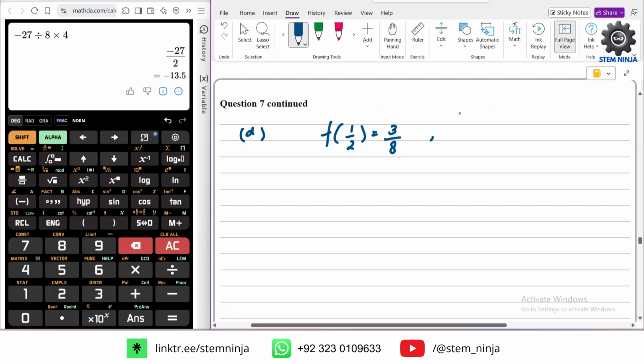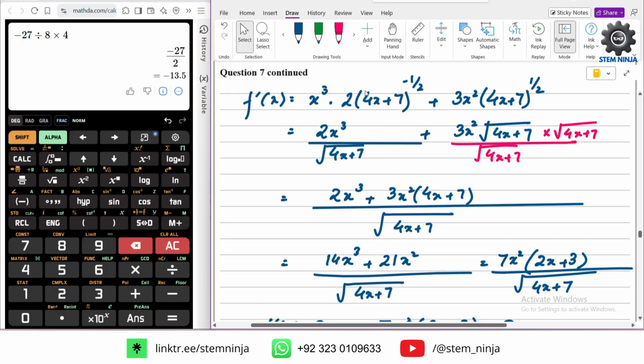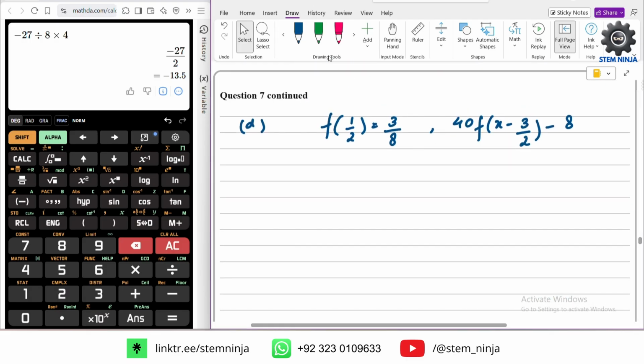So we need, when it goes to 40 f of x minus 3 over 2 minus 8, just to make sure that this is what we have. Minus 3 over 2 minus 8, right, okay. So this is the translation, or this is the transformation happening for x, right?